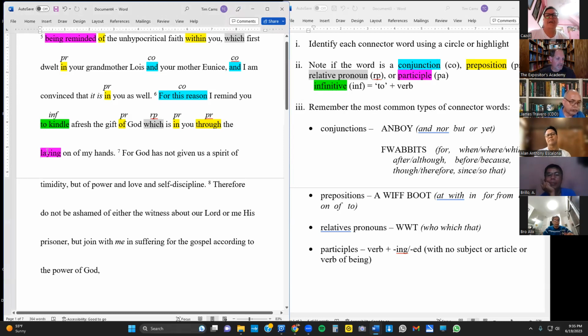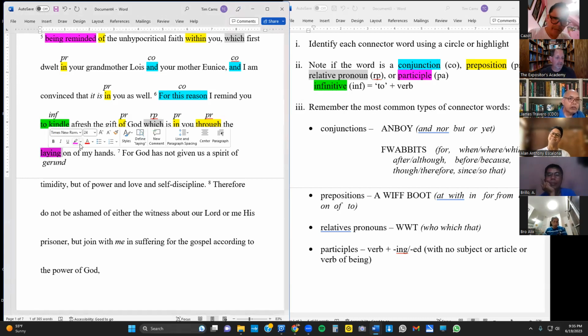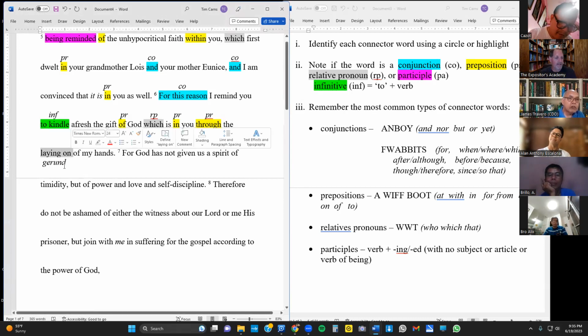That tells us actually that this is a gerund. It's a noun. It looks like a participle, but it's not. So we want to note that. So laying on actually is a gerund. The laying on. It's a gerund.